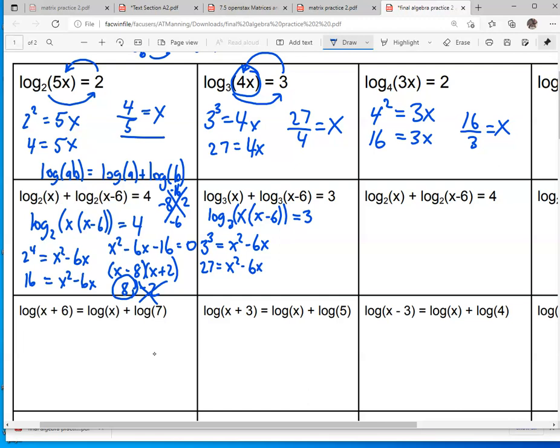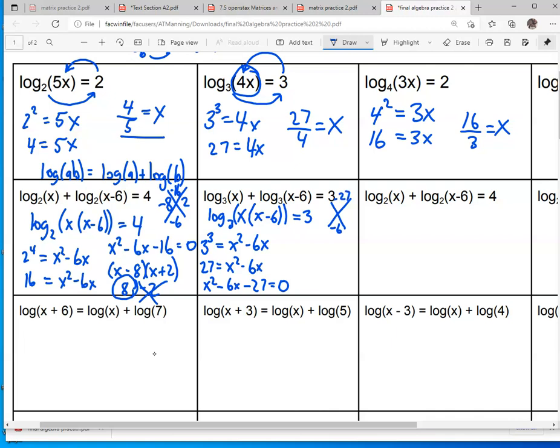And now, to turn it into a form like this, x squared minus 6x minus 27 equals 0. And now, can I factor it by hand, or do I use the quadratic formula? Well, let's see here. Two numbers added together give us negative 6, multiplied together give us negative 27.